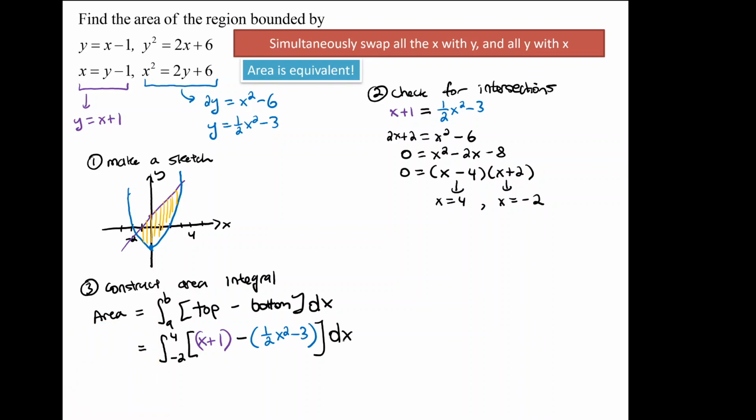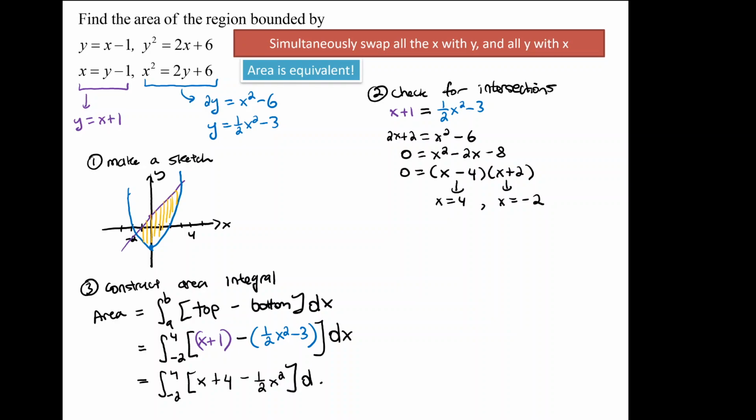Okay, then we can clean this up a little bit. Combine like terms. x doesn't combine with anything, it's on its own. We have 1 minus 3, so 1 plus 3, we have 4. And then minus 1/2 x to the power of 2. Nothing combines with that either.